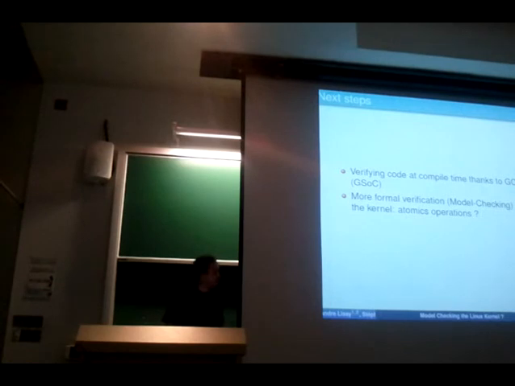So the next step for myself is that what we would like to achieve is to check code at compile time using GCCNet. GCCNet, probably you don't know, but in fact it's like Metal. It's some Lisp-like language to manipulate the GCC input.